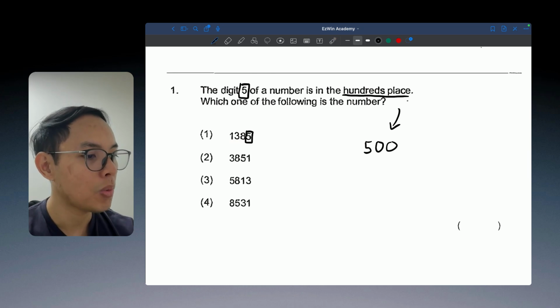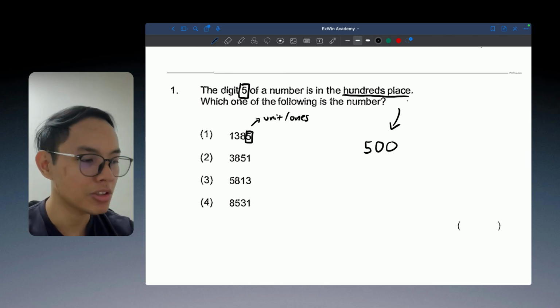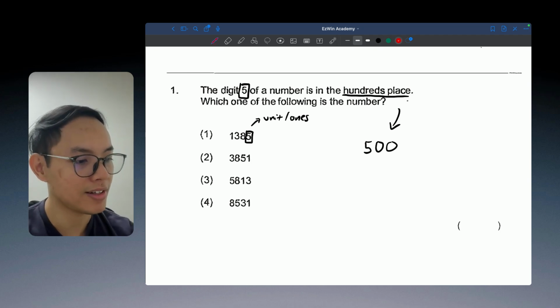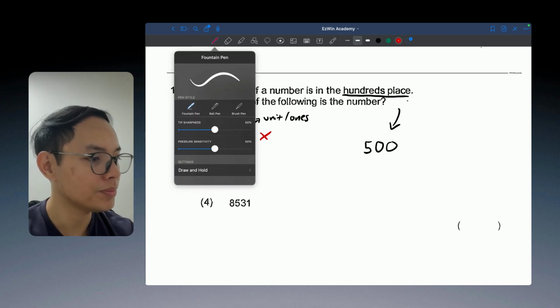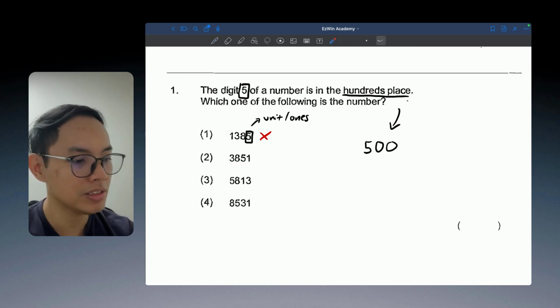Okay, so what place is it in? If your answer is unit, or I would say ones, then correct. But is it in the hundreds place? No, it's not. So it shouldn't be number one. Okay, let's go through number two. It says here 3851.